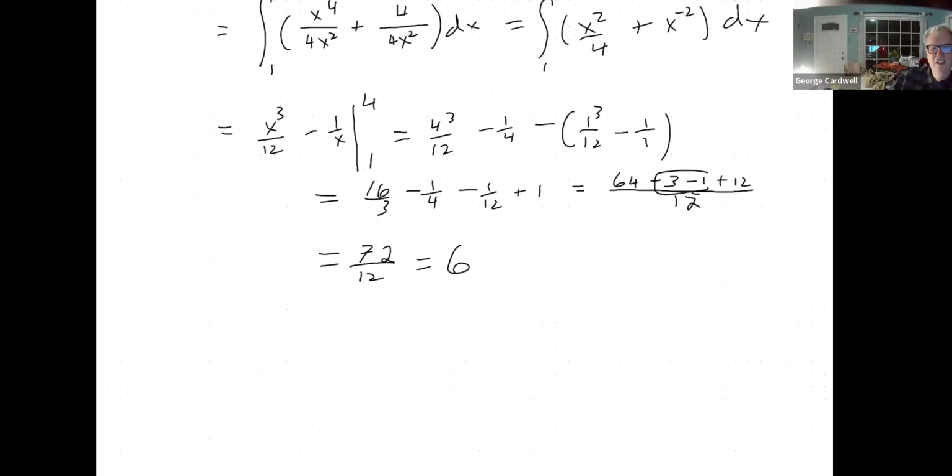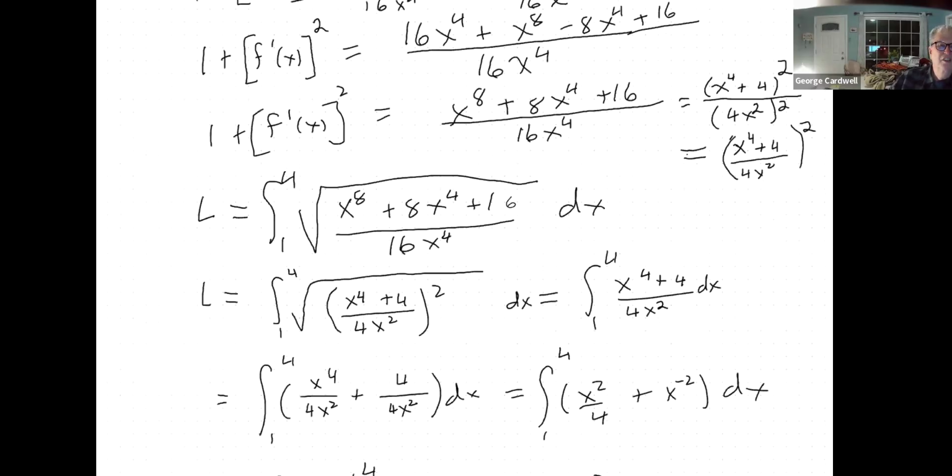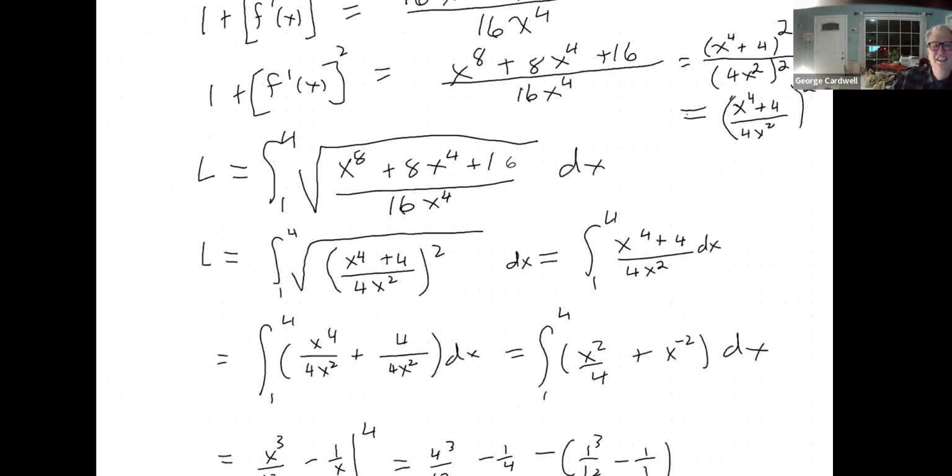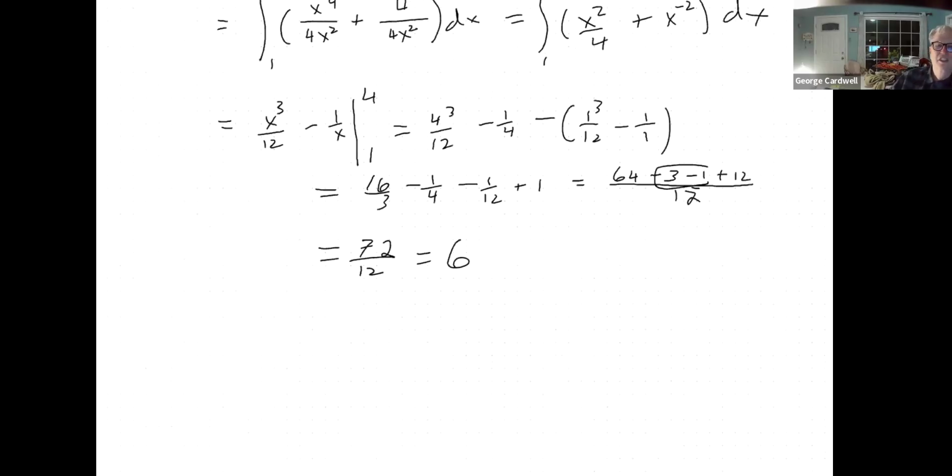Okay. Which means this integral right here is another way to write the number 6, if you care. Any questions on this? What you probably notice in here is, darn, it's a lot of algebra, depending on the function.